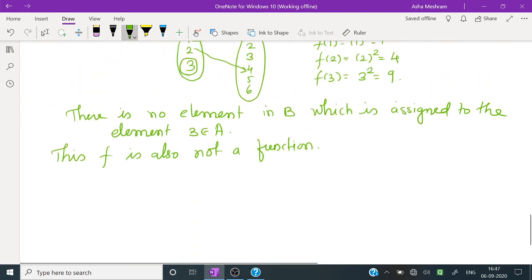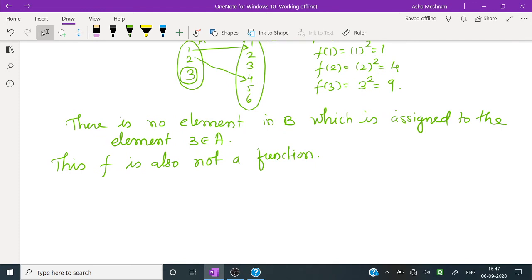Now take the next example. One more example is there.